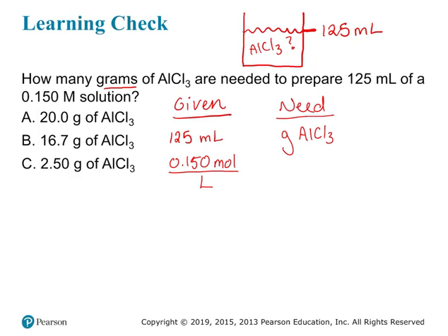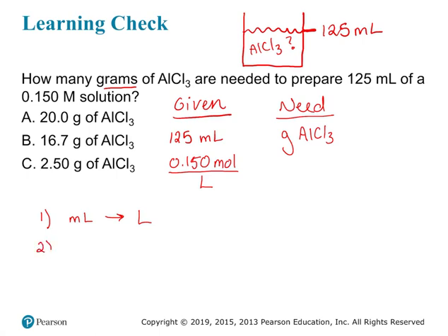So we should probably convert one of those volume units to the other one, just so they match. So in step 1, let's convert milliliters to liters. So we'll convert 125 milliliters to liters.